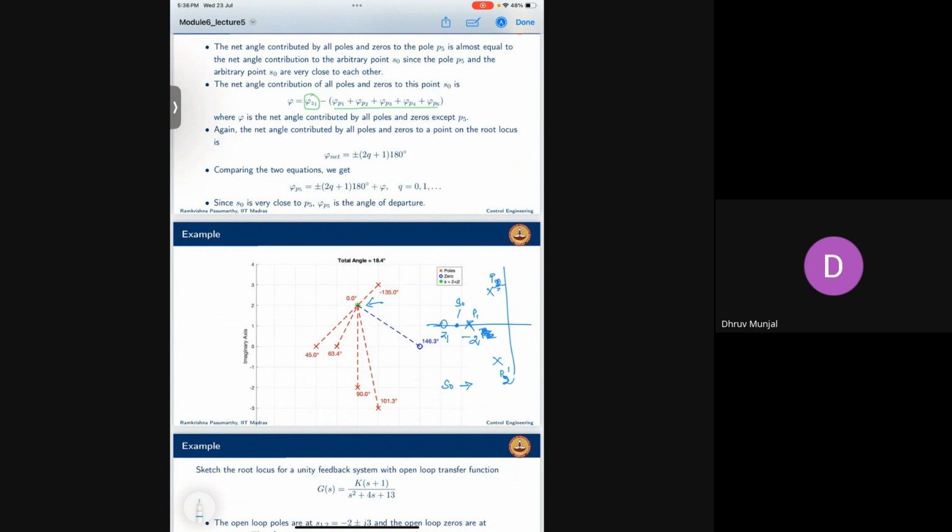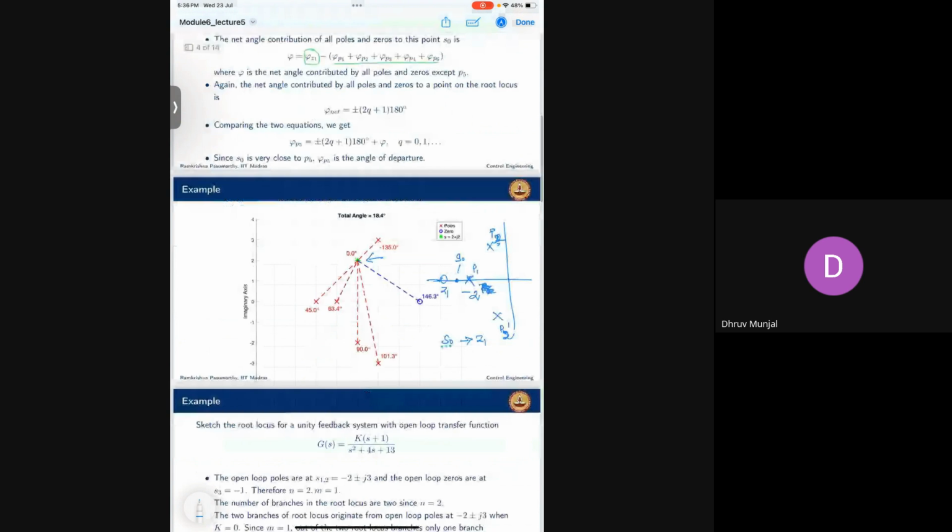So I'm seeing from S0 how far I am with respect to Z1. If I want to calculate this, for example, S0 is minus 1.5 and Z1 is minus 4. So this will be Z1 minus S0.